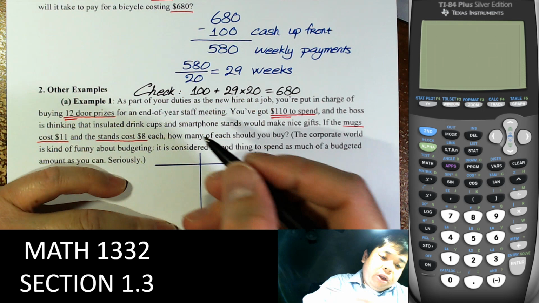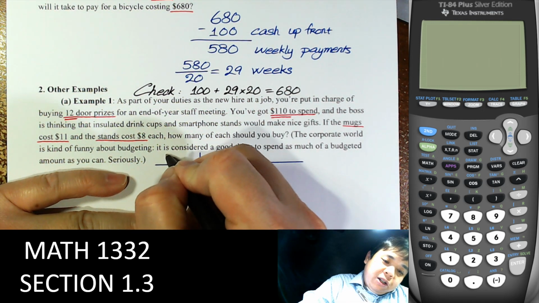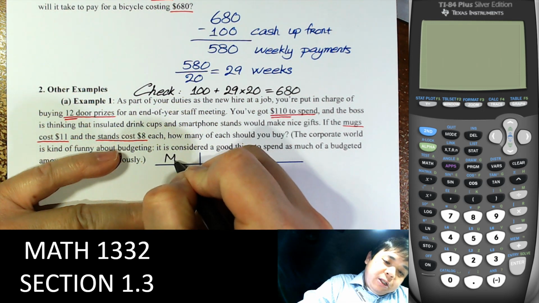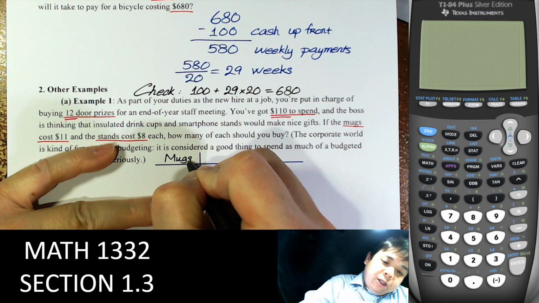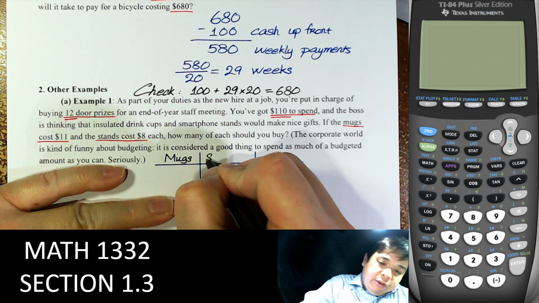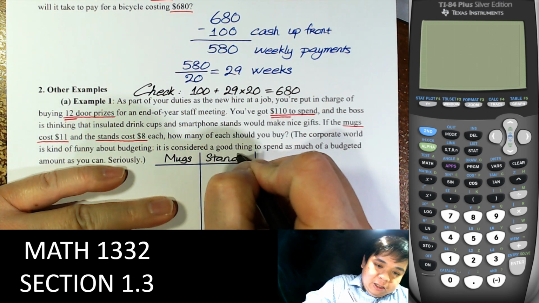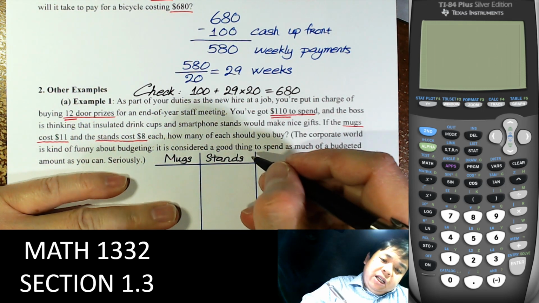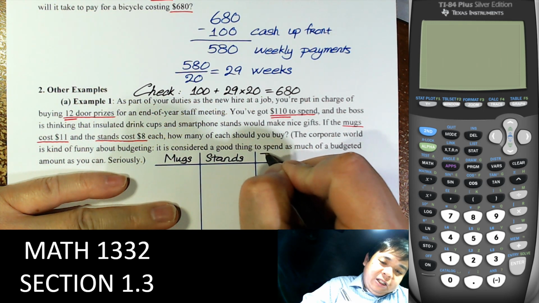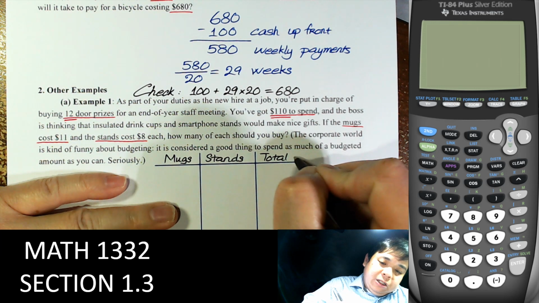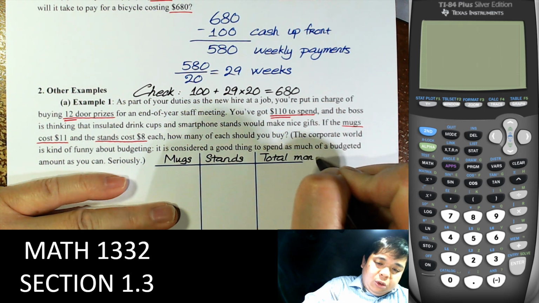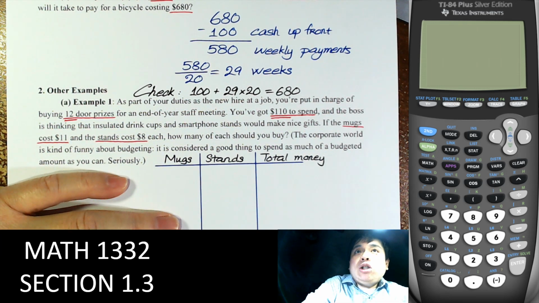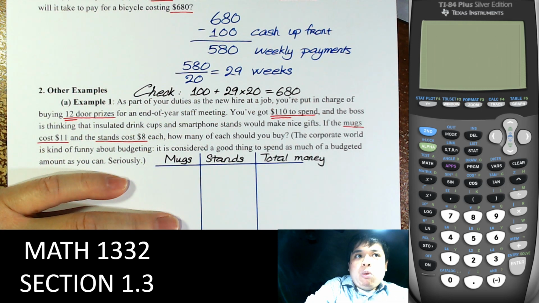We start with mugs or insulated cups, and then we do the cell phone stand, and here is the total amount of money. So we just try and error pretty much.